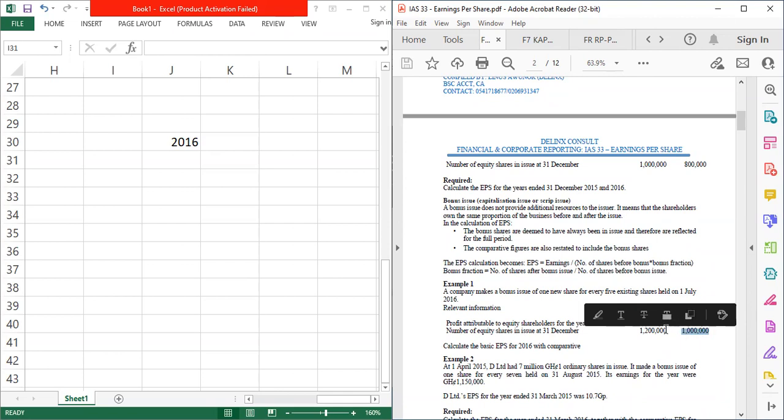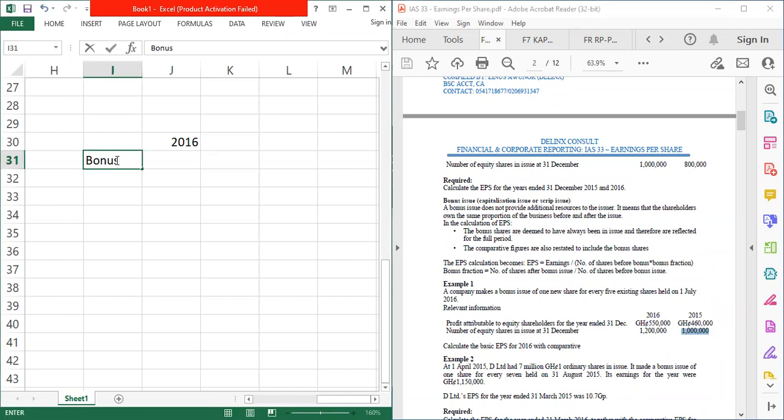So the bonus issue will be 1/5 times the shares that you have at the beginning, multiplied by 1 million. Okay, so we have 200,000.